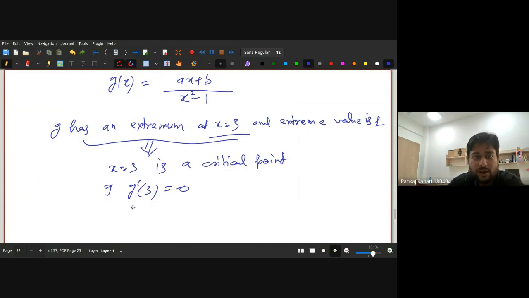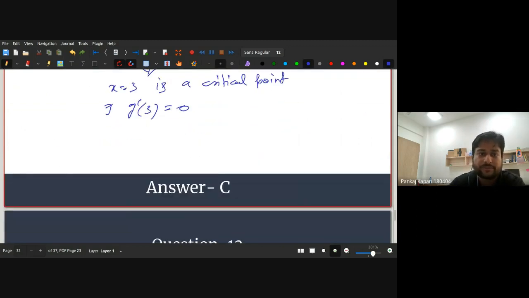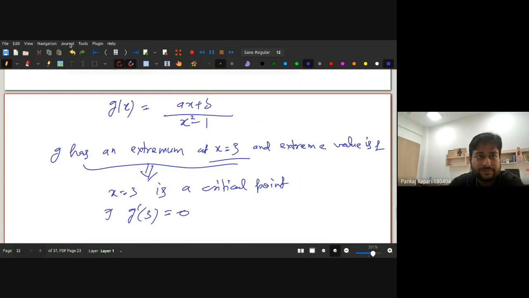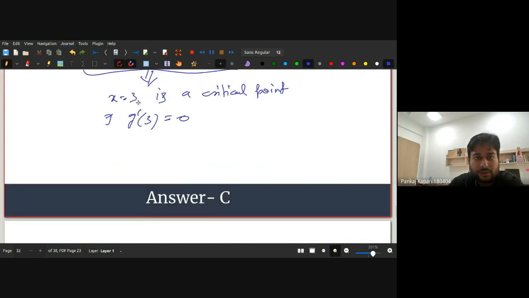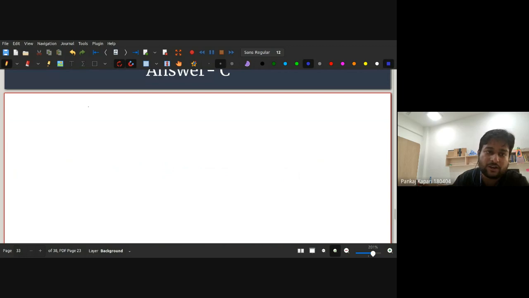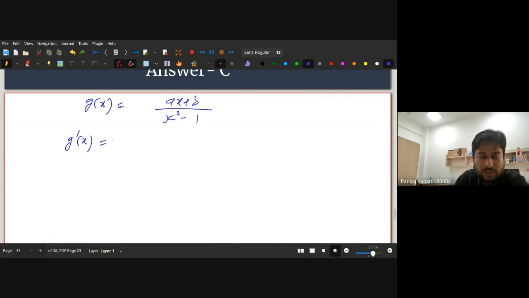So let's find out what the derivative of our function is, which is given by ax plus b divided by x square minus 1. For finding this derivative, we will use the quotient rule.